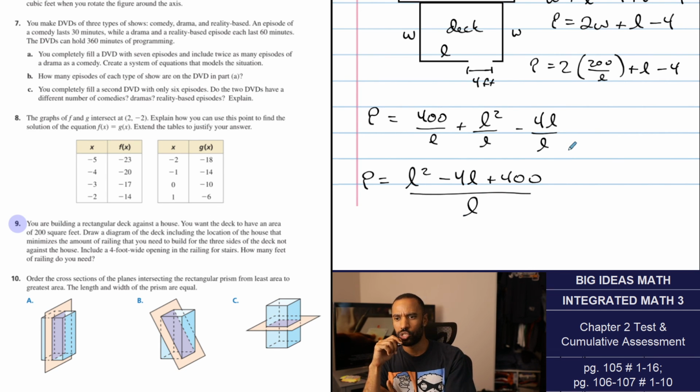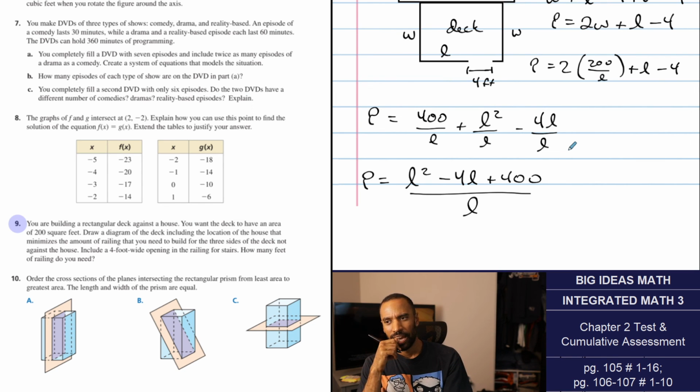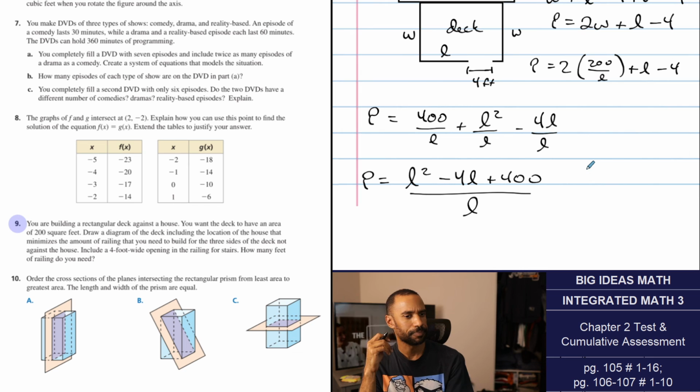And I'm trying to do something to minimize that. I would think in terms of quadratic, but there's an L on the bottom, and that doesn't make it quadratic. It actually makes it rational. How many feet of railing do you need? Is that a 4-foot wide opening?